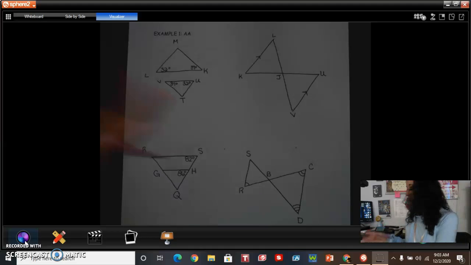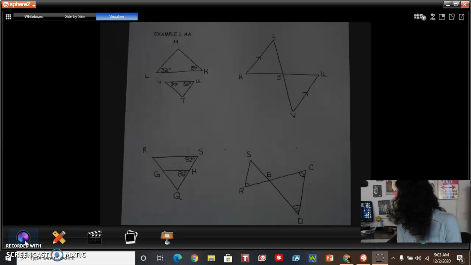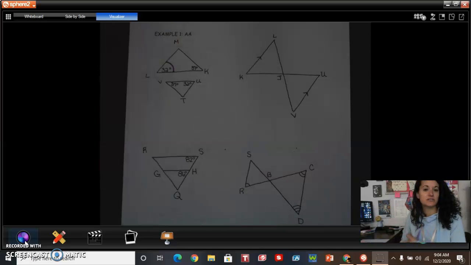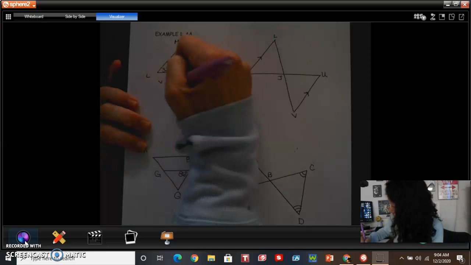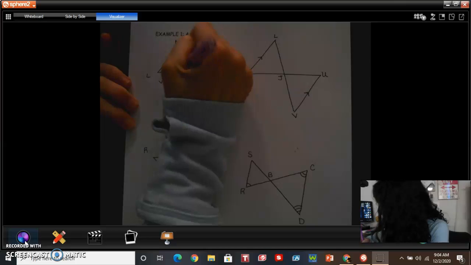So if we look at this first one here, we have triangle LMK and VUT, and we're looking for corresponding congruent angles. The first thing I notice is angle L is 32 degrees, and I'm looking to see if the other triangle has a 32 degrees. Voila, I do, angle U. Now we also know angle K is 37 degrees.